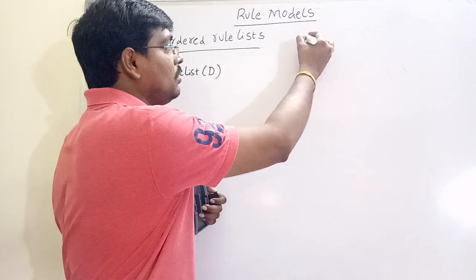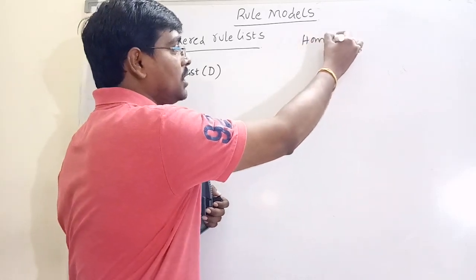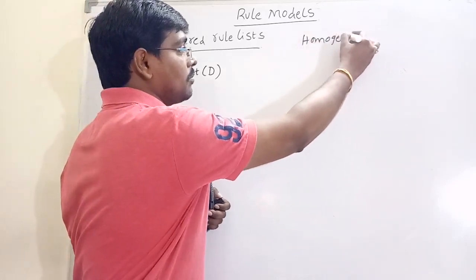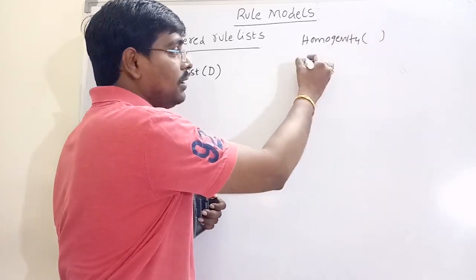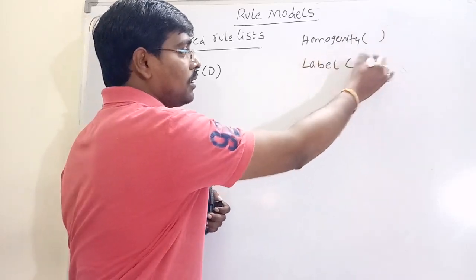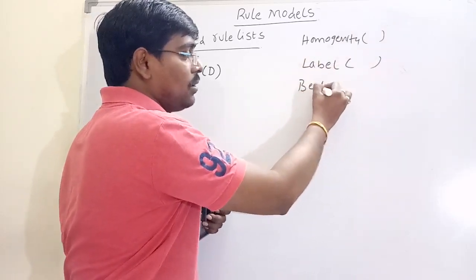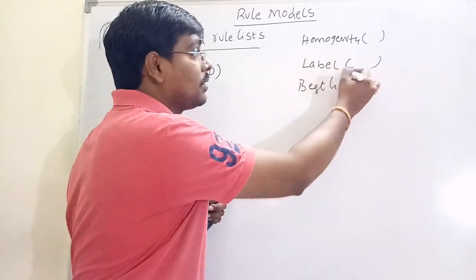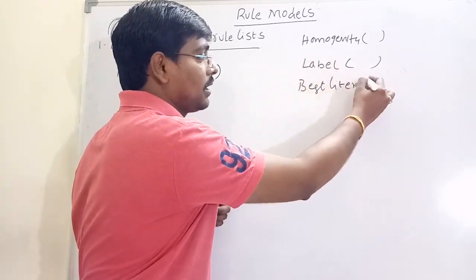Here also we have homogeneity and label, and there we had best split. Now we have best literal.